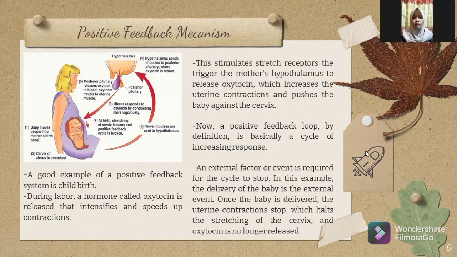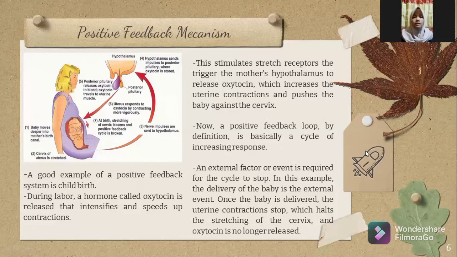Now, a positive feedback loop by definition is basically a cycle of increasing response. An external factor or event is required for the cycle to stop. In this example, the delivery of the baby is the external event.